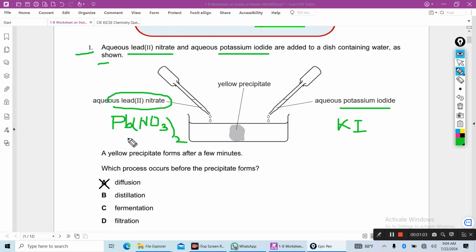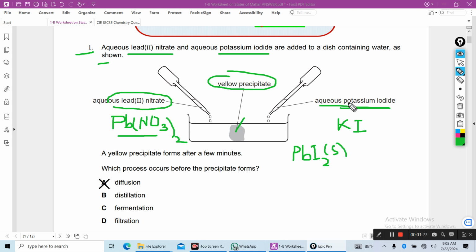Here aqueous lead nitrate and aqueous potassium iodide are placed and they react to produce a yellow precipitate. This is the solid, yellow precipitate.